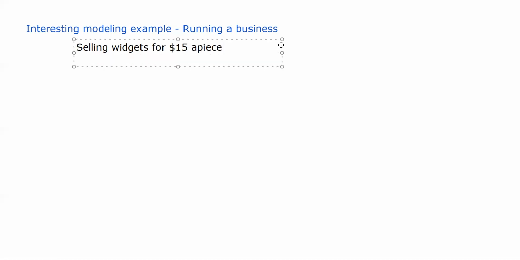But yeah, so let's say you're selling widgets for $15 a piece. But here's the thing, when you're running a business, mathematics absolutely has a place in business. If you plan on opening your own business, don't just think, oh, I'll just hire someone else to do the math for me. Well, your business has to be somewhat successful before you have the money to hire someone to do it for you.